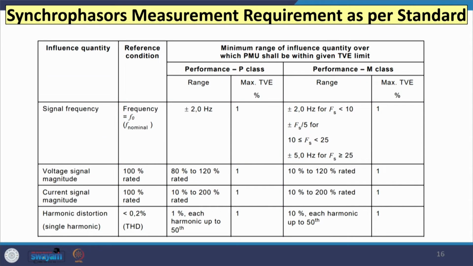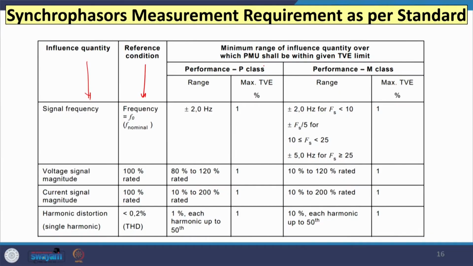Now let us see what the synchrophasor measurement requirements are as per the standard. Here I have shown a table where you can see the quantity which is influenced, and the reference condition for that particular quantity is also mentioned.